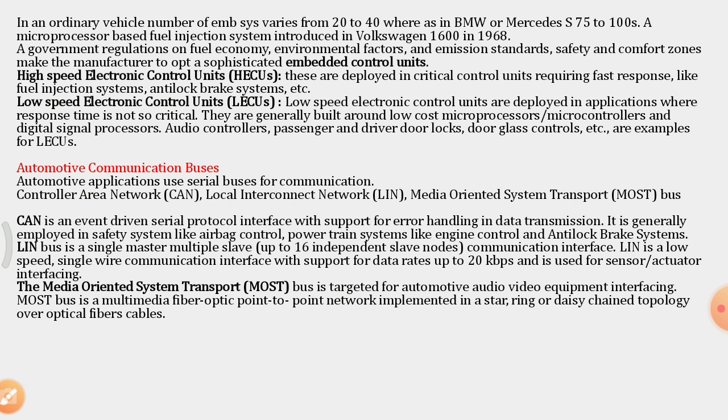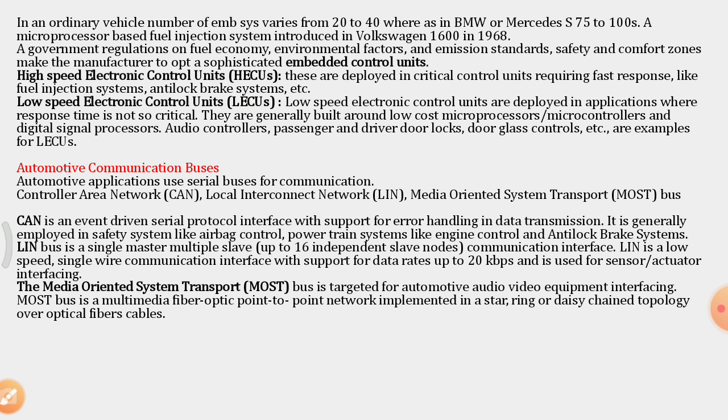It is a low speed communication bus compared with CAN. Almost every high-end vehicle or embedded system in the automotive domain is connected with the CAN protocol.